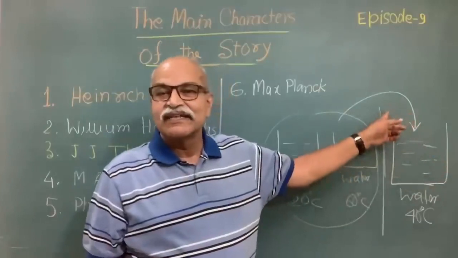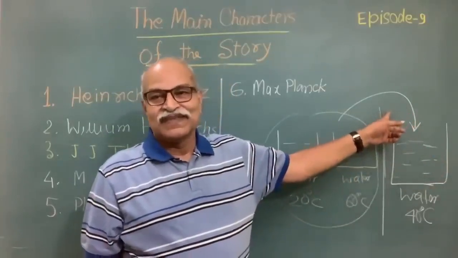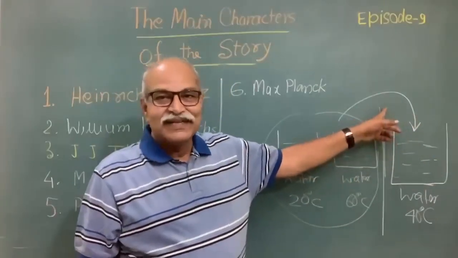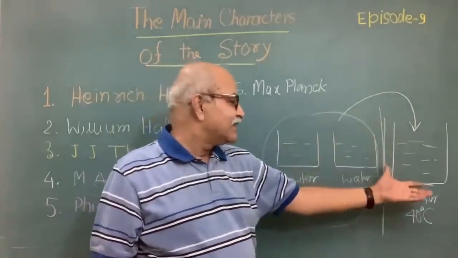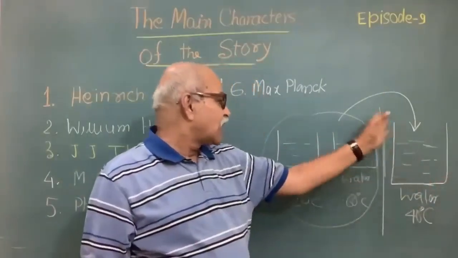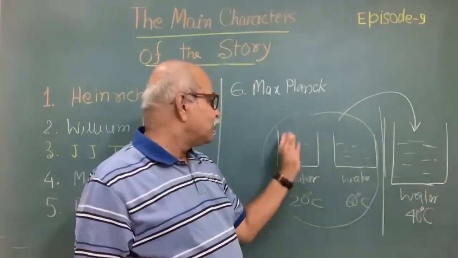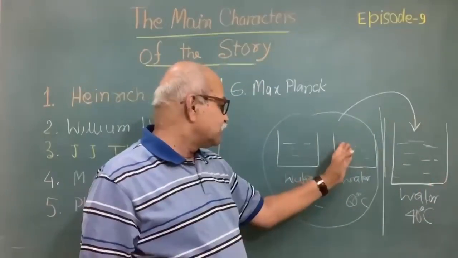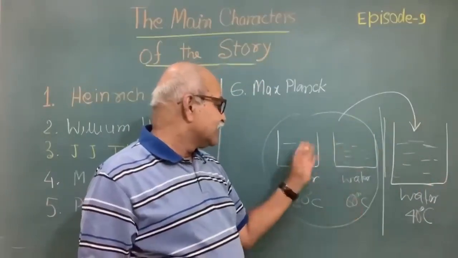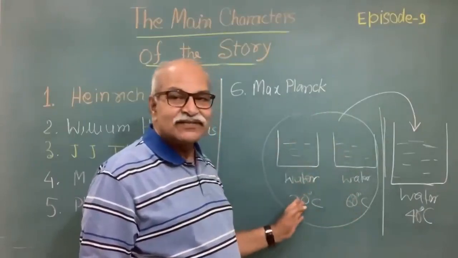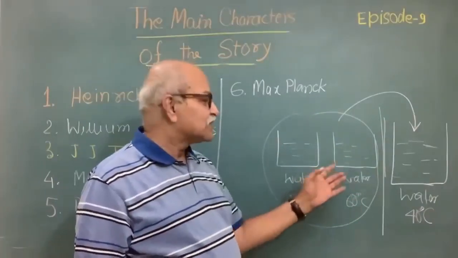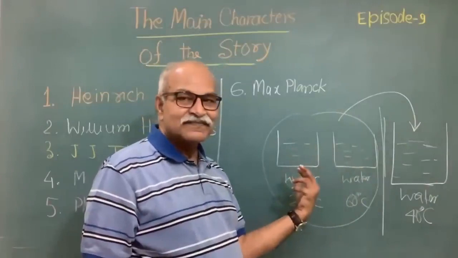Can I invert the arrow? Is it possible that I take this container, this water, put half of the water here, half of the water here? This takes the temperature 60 degrees, this takes the temperature 20 degrees. Can the process be reversed?